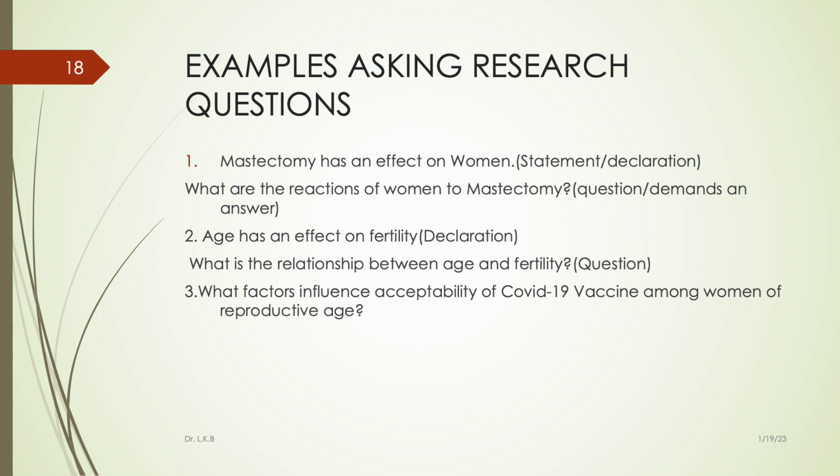Others said their fertility was affected. Was it true? Was it a myth? How did it affect the acceptability of COVID vaccine among women of reproductive age? And that was one of the research topics of some of the students who finalized last year. But we just need to ask ourselves relevant, interesting questions, and make sure that those research questions demand some action for us to be able to get the answers.